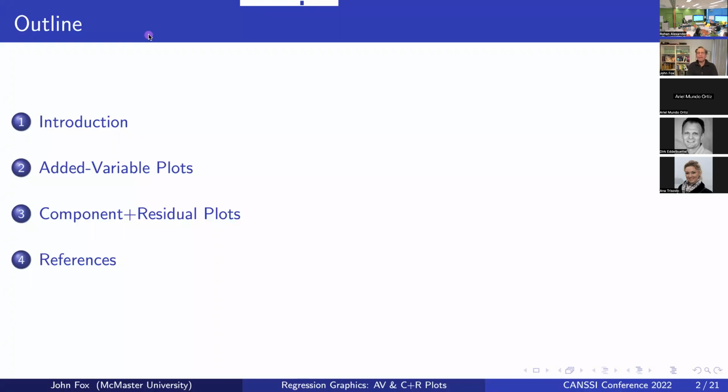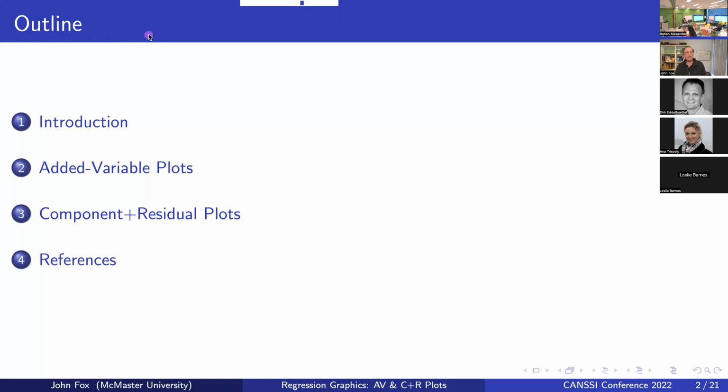I looked today and I discovered that the CAR package was initially contributed to CRAN in 2001. Of course, it's been substantially developed since. And the effects package initially contributed in 2003, although the addition of component plus residual plots, or their integration with the effects package, is quite recent.